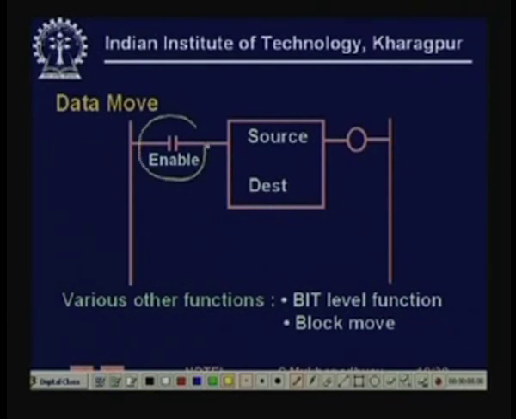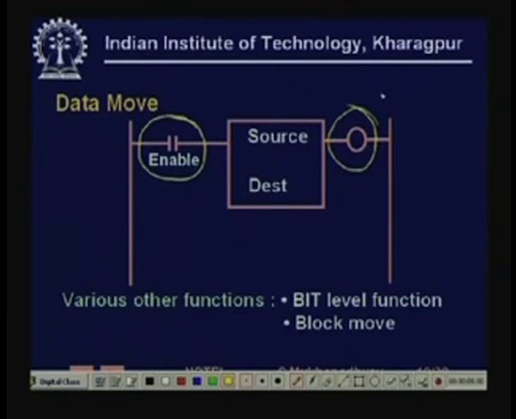Next is data move. Again you depict it as a rung, because in the RLL everything is a rung. In this case the data move will take place depending on whether the enabling logic is satisfied or not, and then data will move from source to destination. Maybe if there is some address failure, or maybe after the data has moved, this can become 1.